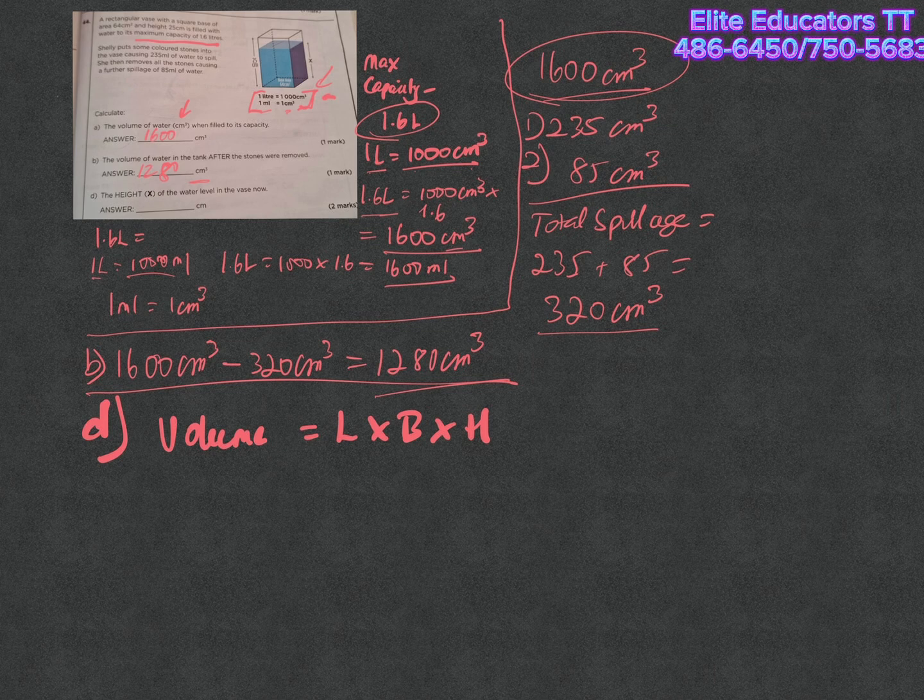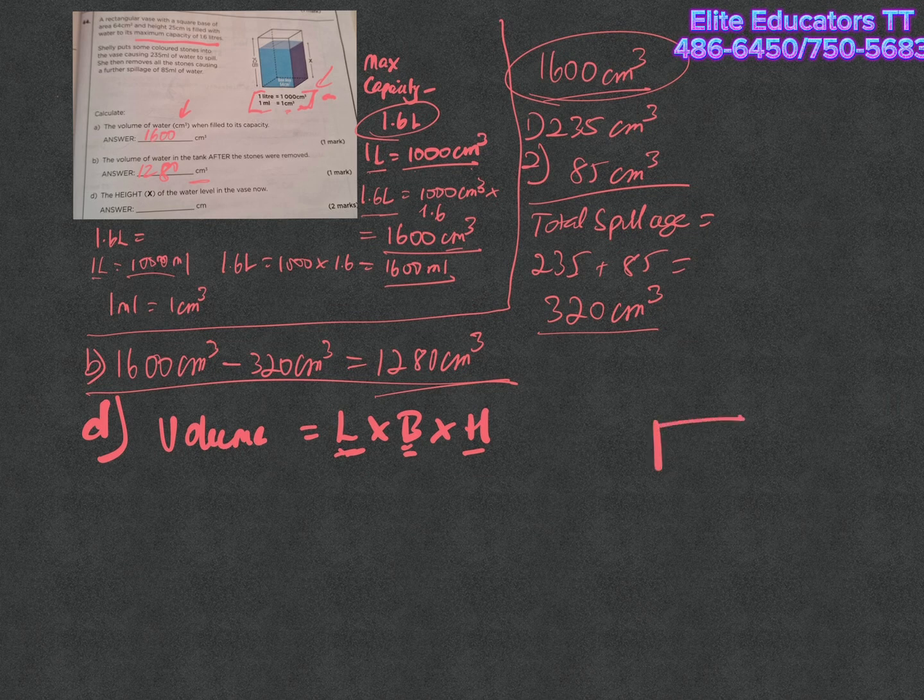But in this situation, they give us the base area. So the base area is length by breadth, and we'll use the height as the long part of it. Let me try to draw that for you guys.